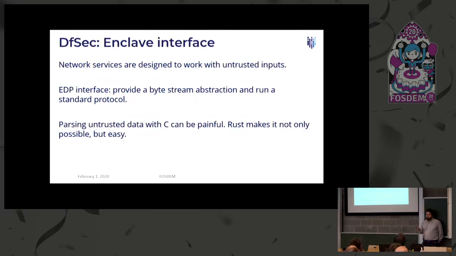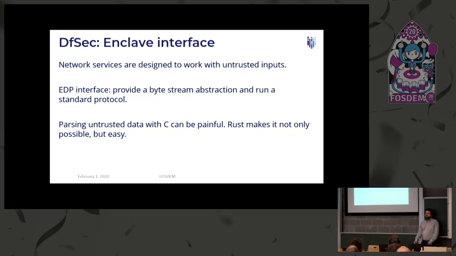If you look at network services, they are designed to work with untrusted inputs. Everyone has web servers connected to the internet, they have been for 30 years, and they're really focused on dealing with untrusted inputs. So why not do the same? In the EDP, we just provide a byte stream abstraction, and then you can run any protocol you want on top of that, including TLS or not.